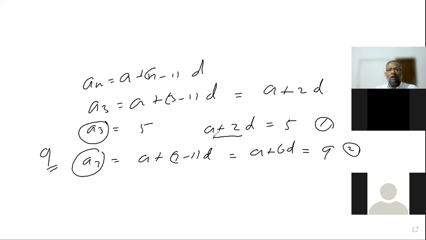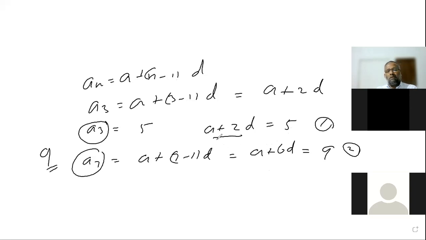Suppose it is the 10th term, a plus 9d, since we got 10 minus 1. Now we can solve this. We got a pair of linear equations in 2 variables.